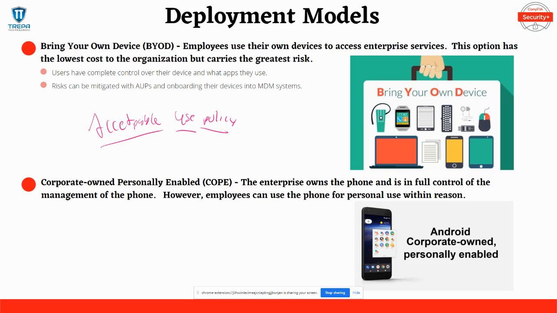Most of the time, in a COPE deployment, social media applications will not be installed though, unless the managers in the company allow social media to be installed on the phone. So essentially, this is the enterprise being in full control of the phone and the management of it. But the employees can still use it for personal use within reason, right? They can text, they can call, but maybe they won't allow TikTok or Instagram to be installed.